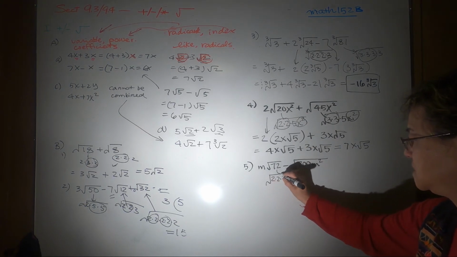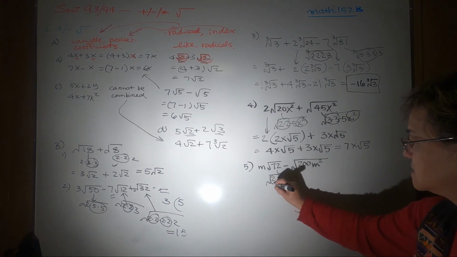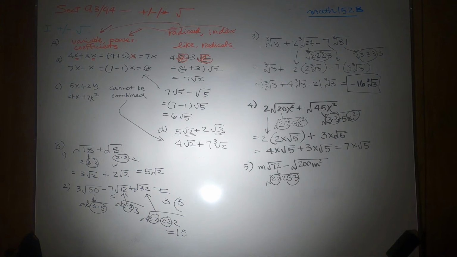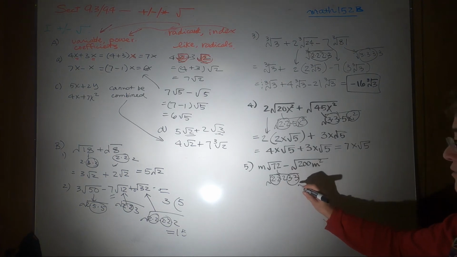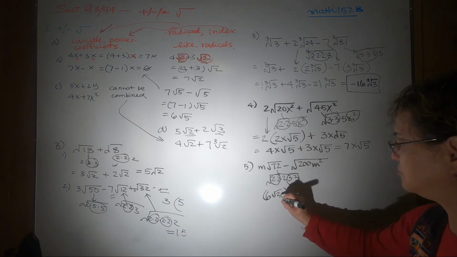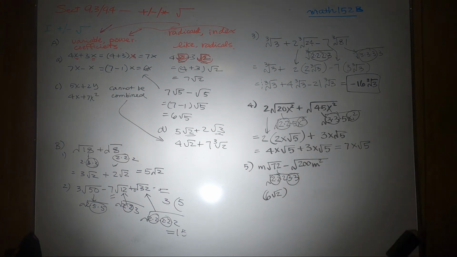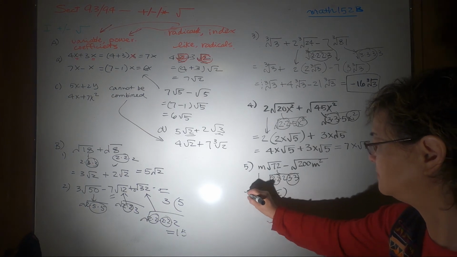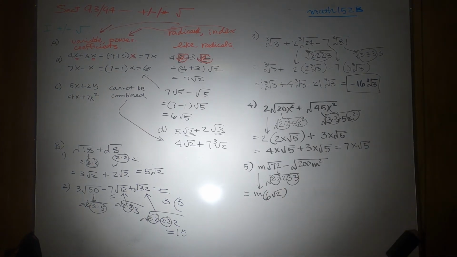You do your trees, okay? So that's the square, that's the square. Take them out. 2 times 3 is what? 6 square root of 2. So that would be your square root of 72, right? So carry down your m. That would be that one.